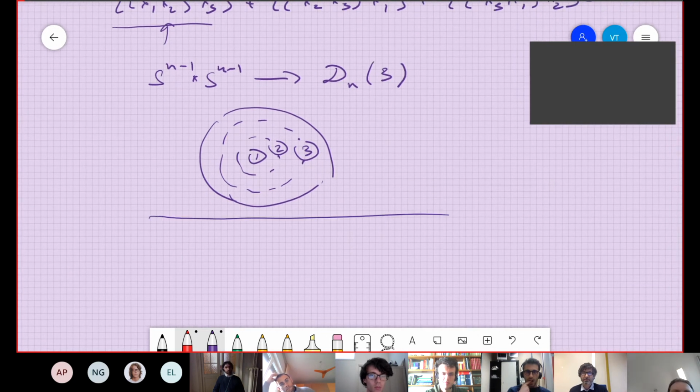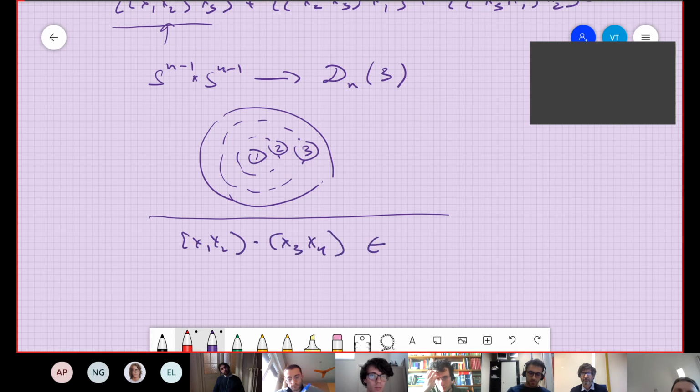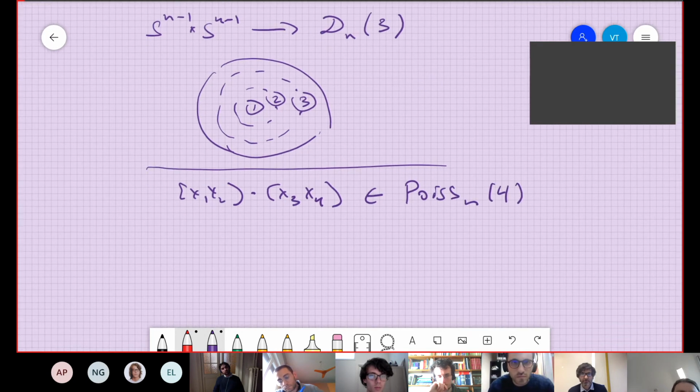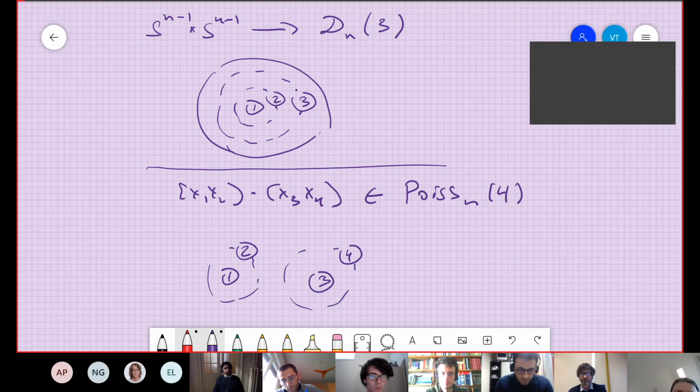As another example, we can take x1, x2 times x3, x4. This element lives in Poisson n of 4, right? What we do is take disk 2 going around disk 1, and disk 4 going around disk 3. It's also going to be represented by a product of two spheres.